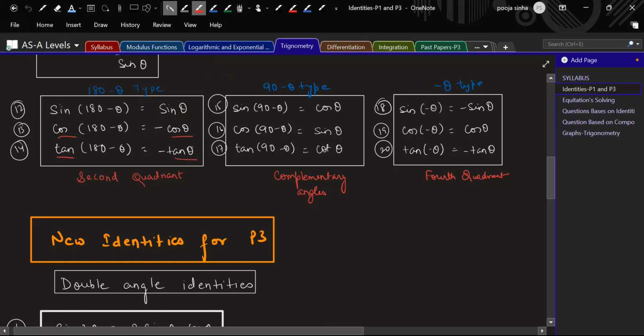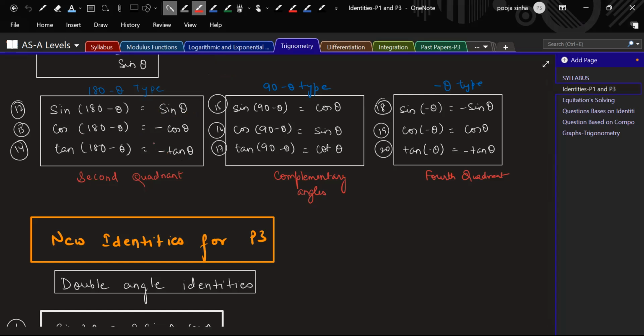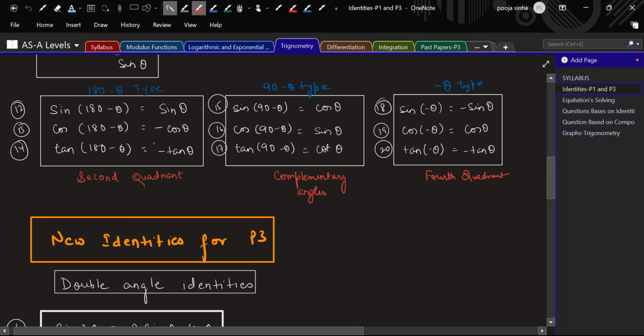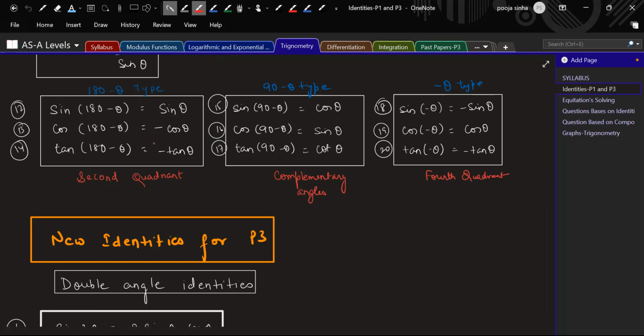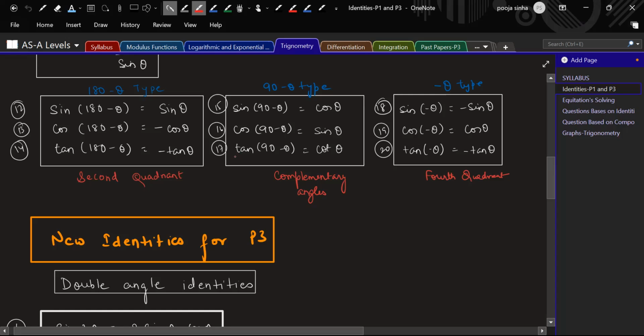But on the basis of ASTC, in the second quadrant sine is positive. So in the second quadrant, what is the sign that you will get? You remember ASTC? Yes, it's positive. But when we come to cos and we do the same thing, then how will it be minus? Because A is also in the first quadrant, right?